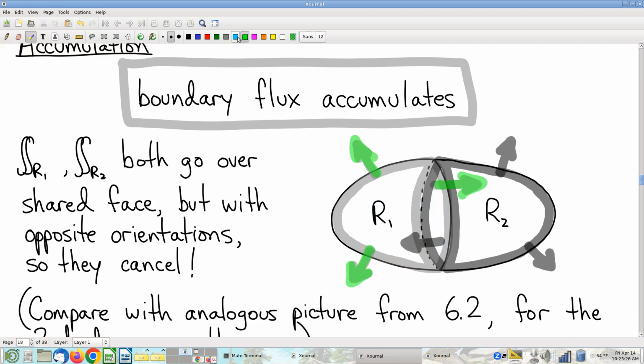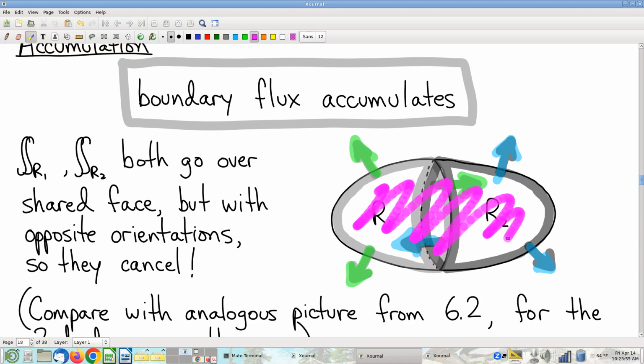And then you look at this blue region over here and ask, what's the boundary flux on that region? Again, away from the solid. It's like that, right? Again, always away from the solid. When you see the word boundary, that means oriented away from where the solid is. So we get those pieces of flux.